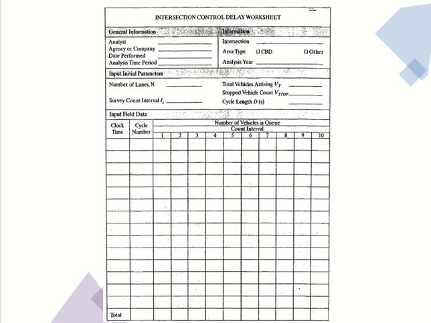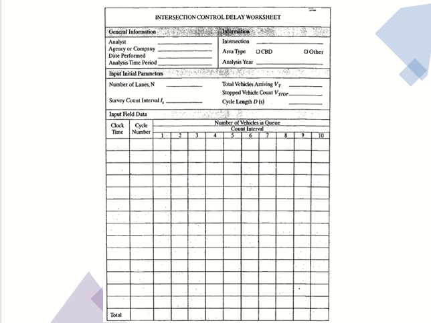Okay, fine. Then how do you note down the numbers? Okay, so you will write the time when you started the survey. Okay, so when you started the survey, this is cycle number 1, right? Cycle number 1. Okay, let's say the cycle is 60 seconds and your interval is 10 seconds. 60 seconds and you are taking observation after every 10 seconds.